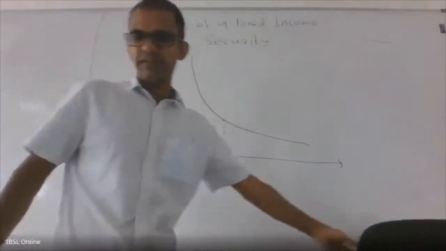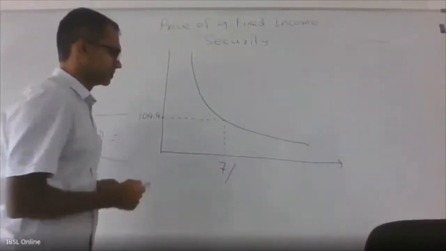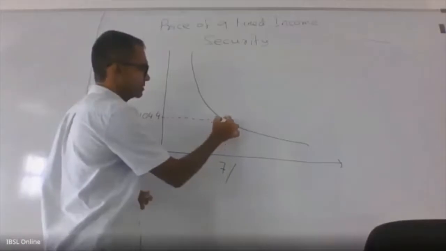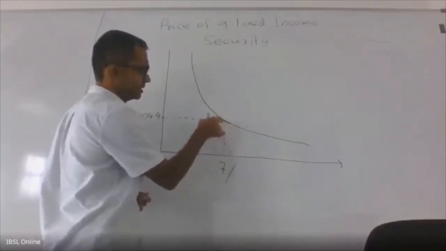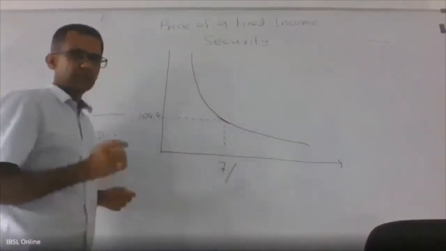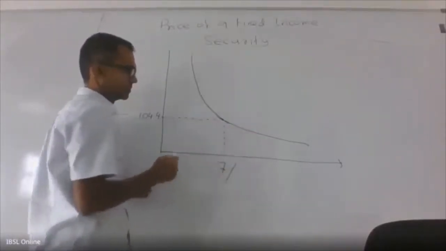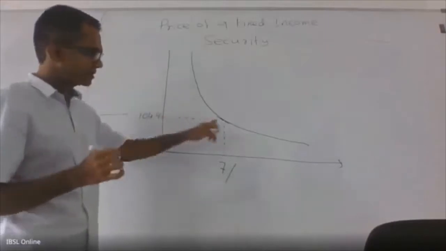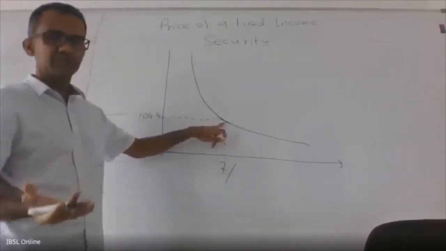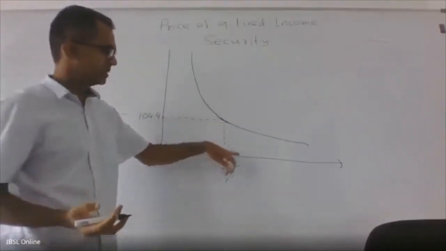Now what we did is calculate the duration. When we calculate the duration, it gives the slope of the curve at this point. But that slope changes continuously. But we use that slope to estimate the price once the yield changes.